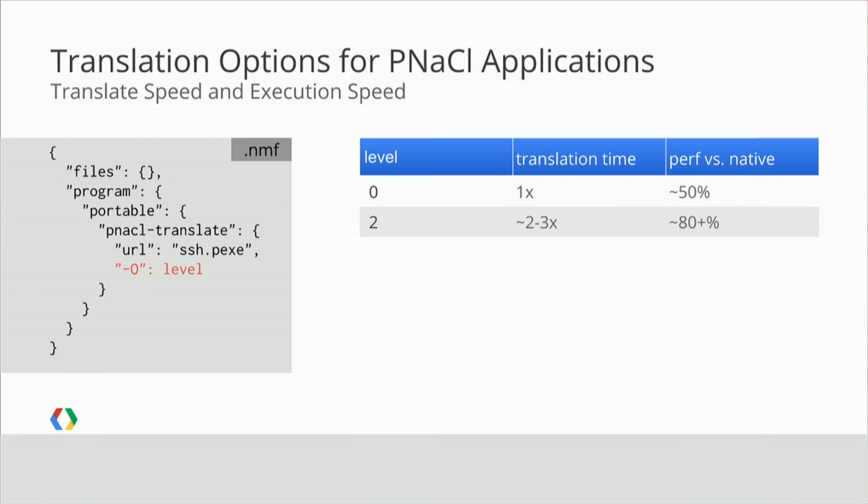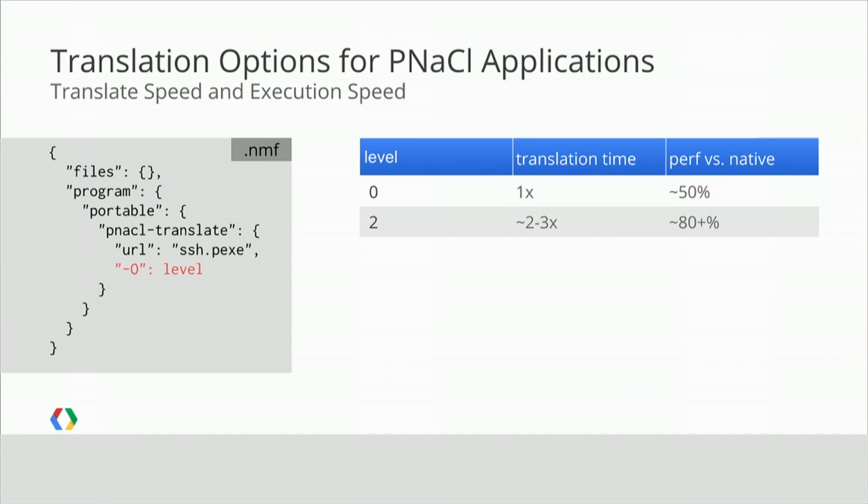So we provide the developer with the ability to specify, I want low optimization, which gives you faster translation time and about 50% of native performance. Or you can request higher optimization levels, take a translation time slowdown, and get a much higher performance, 80+% of native code performance. So these are the things that the developer can do to try and improve the user experience.